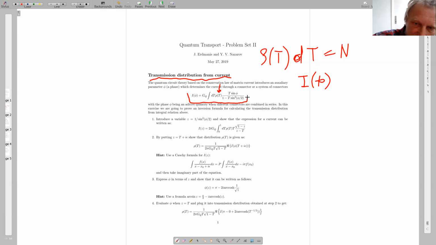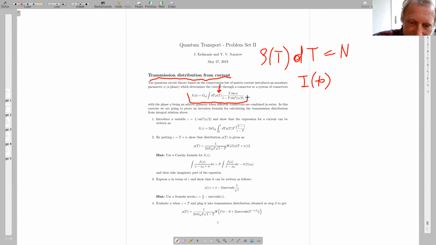Good. That doesn't seem to be an obvious task, but in fact, it is an exercise on the theory of complex functions, although it doesn't immediately look like this.